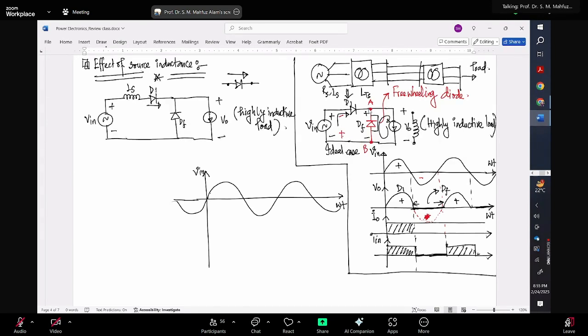You know the voltage across the inductance is L into di over dt, right? So if you suddenly jump from a certain value to zero, or from zero to a certain value, what will happen to your di over dt? It will become infinity, right? Yes, sir.